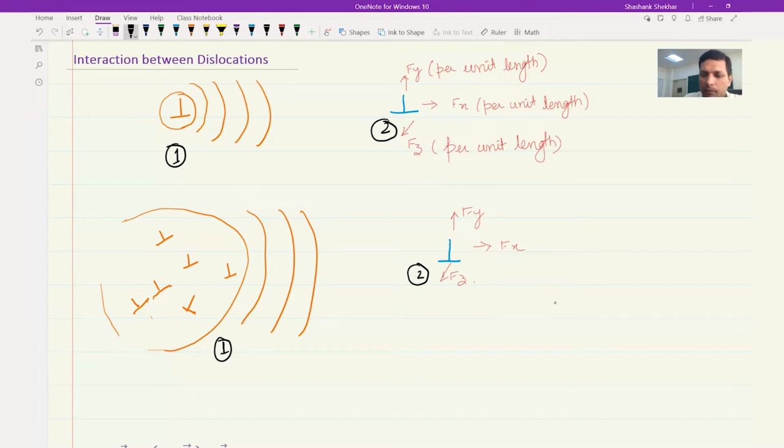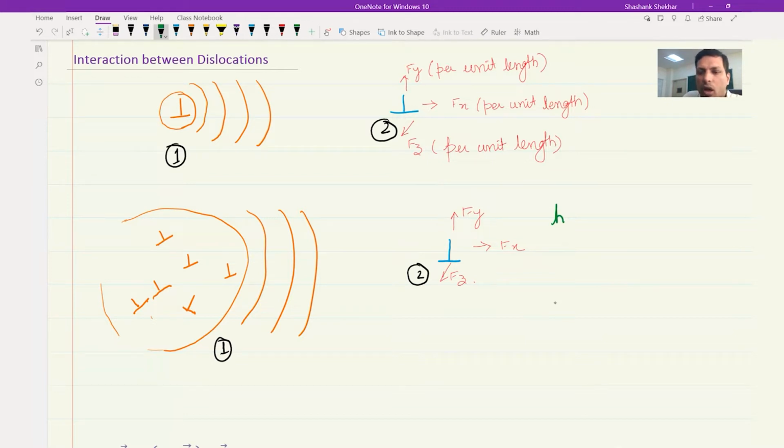This overall treatment can also help us understand, for example, if this is a dislocation forest or some configuration of dislocations and you want this dislocation to move, how much force it needs to overcome.